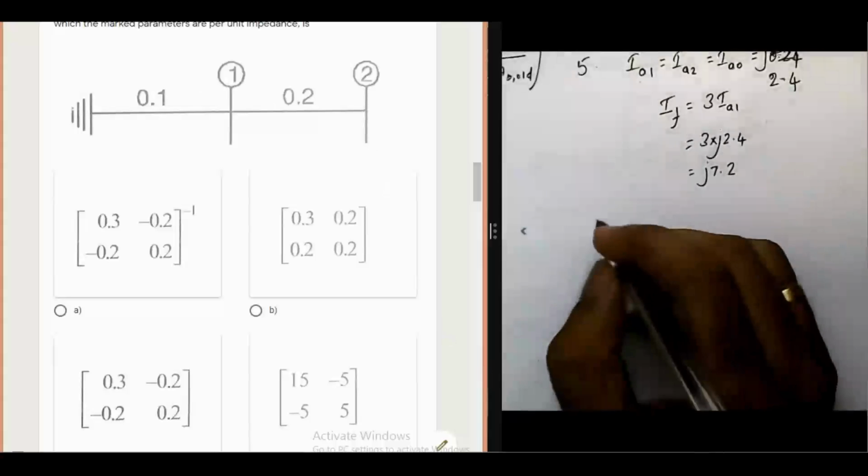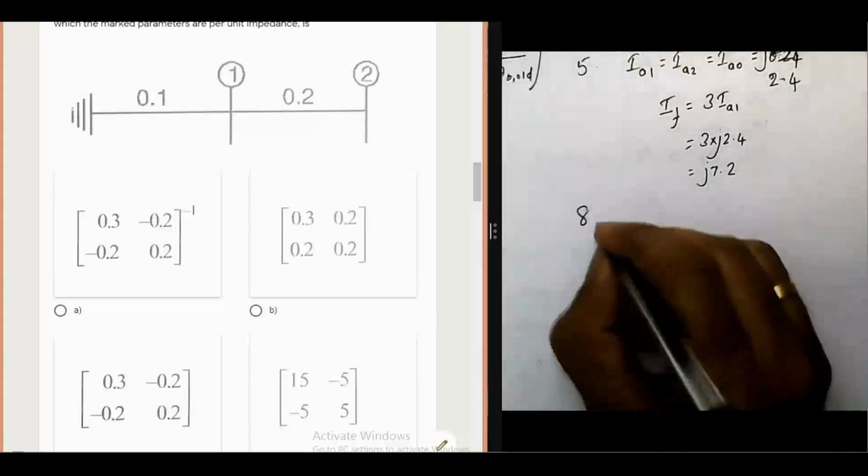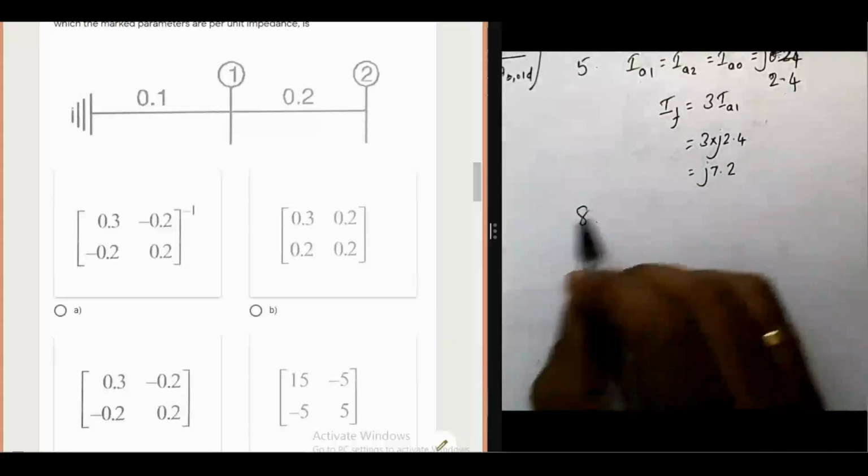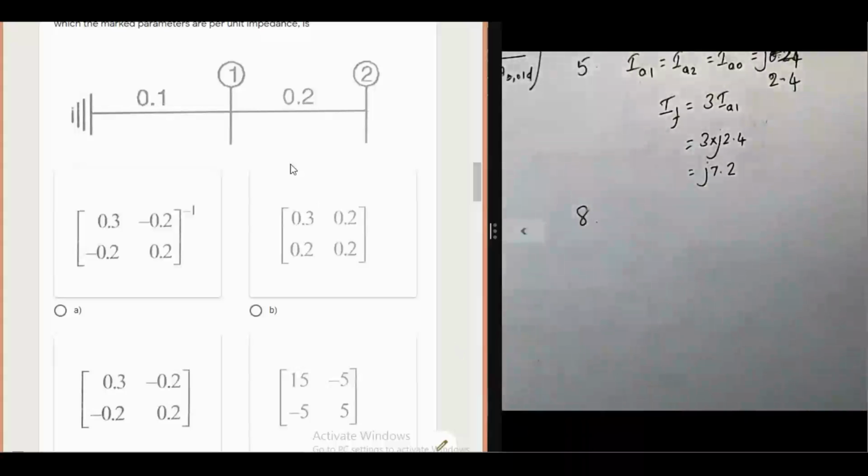Y11 means the sum of the elements connected to node 1. Here the given elements are impedances, with per unit impedance values given, so take the reciprocal of the impedance.